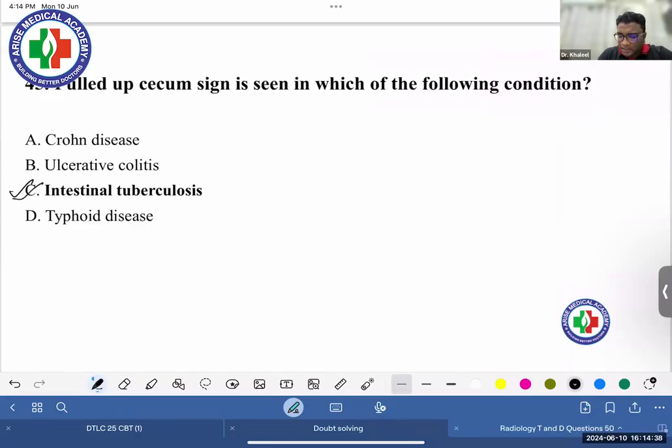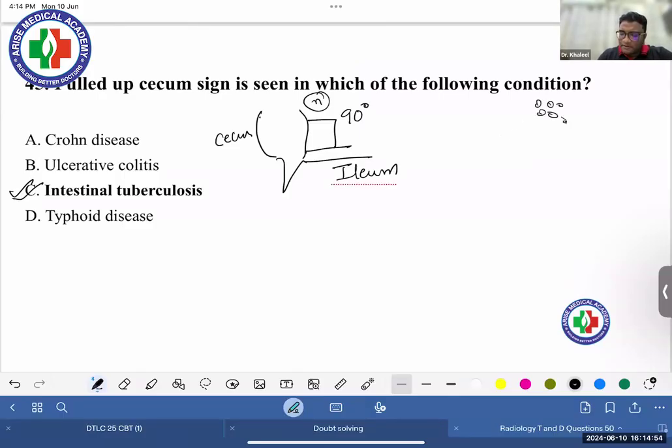Listen to me carefully. Normally, this is the cecum, this is the appendix. This is the ileocecal junction. Ileum, cecum. This ileocecal junction normally is 90 degrees, right angle to each other. But in case of tuberculosis, I told you there is mesenteric lymphadenopathy and fibrosis. So the cecum will be pulled upwards. Imagine there are lymph nodes and this fibrosis, the cecum is pulled up.